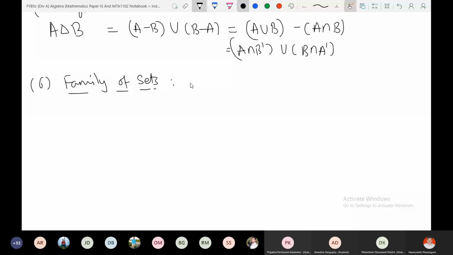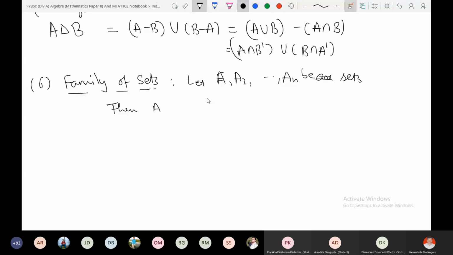So, family of sets. Let A1, A2, ..., An be sets.